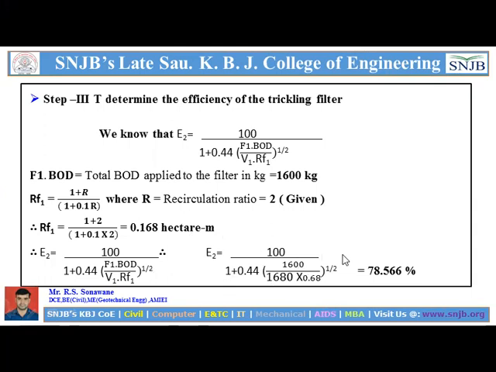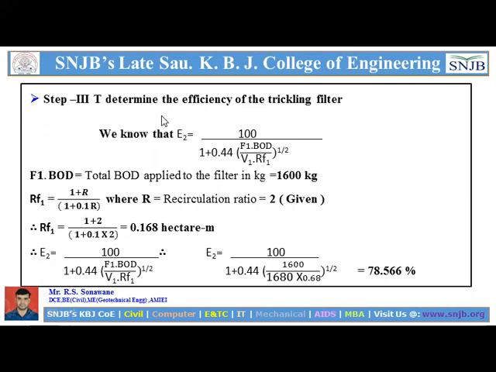After putting all the magnitudes of the parameters in this formula, we can see here E2, the efficiency of that single stage trickling filter, is equal to 100 divided by 1 plus 0.44 under bracket 1600 divided by 106 × 680 multiplied by 0.638, bracket complete, raised to the half or 1 by 2, that is equal to 78.566%, the efficiency of the trickling filter.